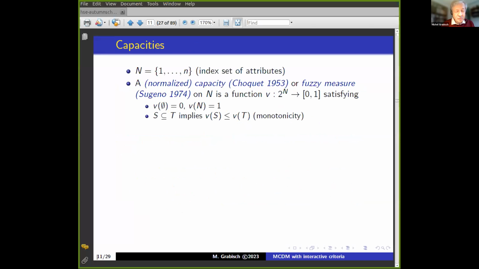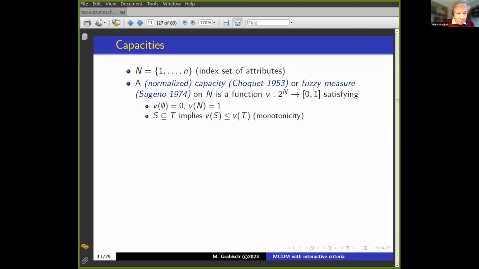It was introduced by Gustave Choquet in the 50s, and also rediscovered by Michio Sugeno in the 70s under a different name. And so what is it, mathematically speaking? It's just a set function. So to each subset of N, which means a group of attributes, you assign a numerical value, which is more or less the weight you put on this subset.